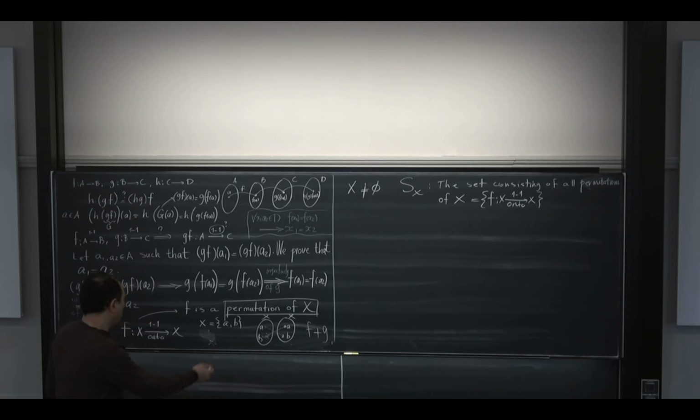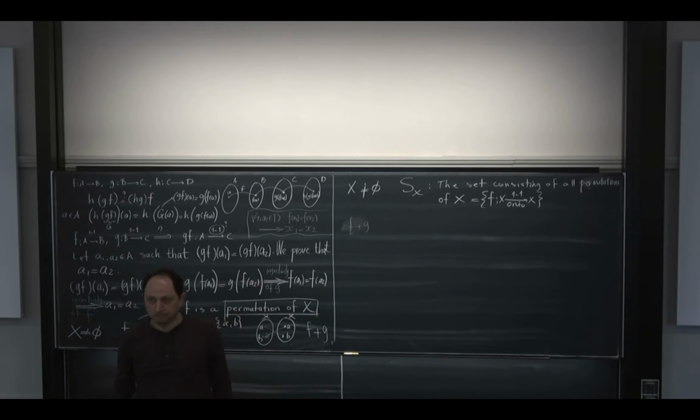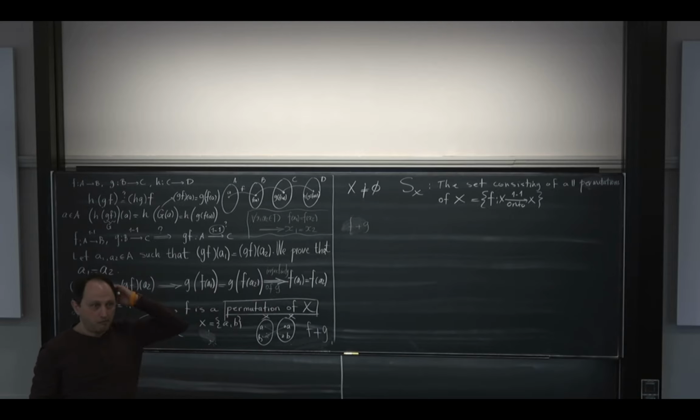Have you seen this in calculus? So when I say f plus g, so let me write it with a different color. So f plus g, what does this mean in calculus? Sum of the two functions.